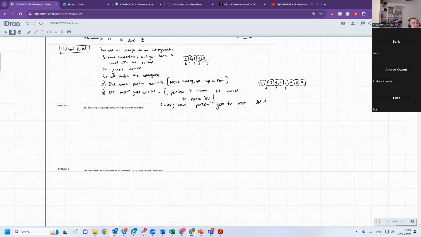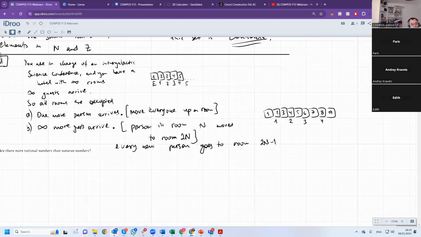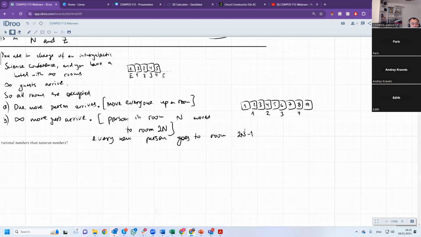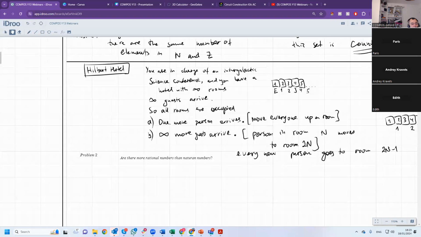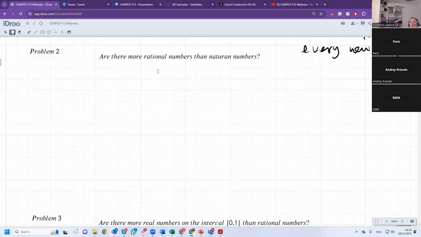And so effectively you can say two countable infinities make a countable infinity. If you add two countable infinities, then yes. All right. Problem 2. Are there more rational numbers than natural numbers?